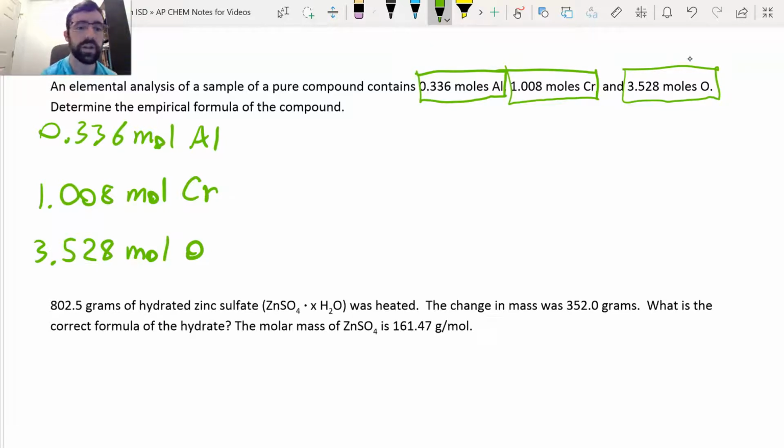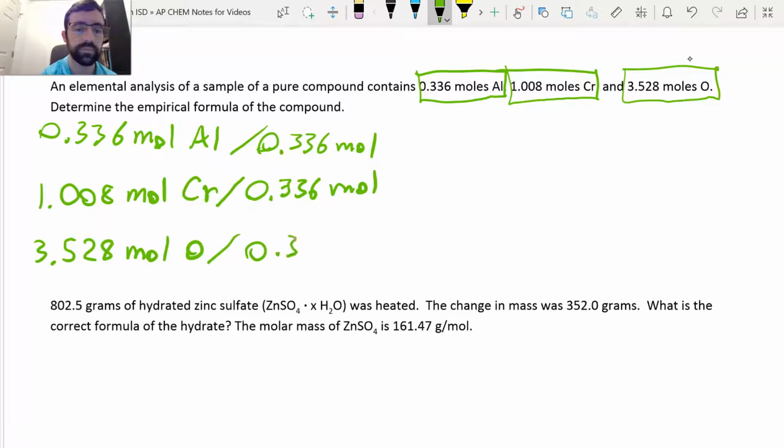Okay. So what do we do at this point? Just divide by the smallest one. So we're going to be dividing by 0.336 moles, because we skipped percent to mass and mass to mole, we just divide by small. And we'll see what we get. Well, this is going to equal 1 because it's that divided by itself. Okay, 1.008 over 0.336.